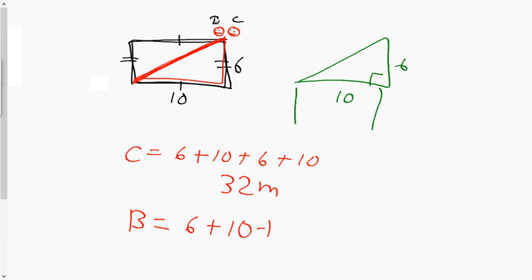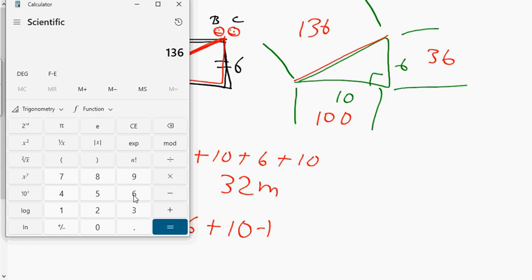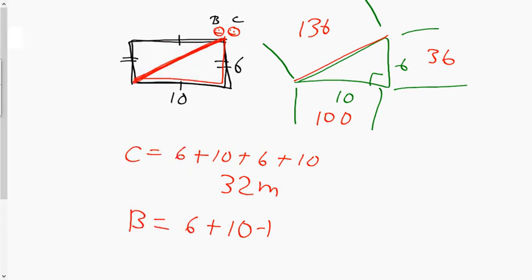If I attach squares to all of these sides, this square would have an area of 36. This square would have an area of 100. This square would have an area of 136. And if the area of that square is 136, then the side length will be the square root of 136. The square root of 136 is 11.7.